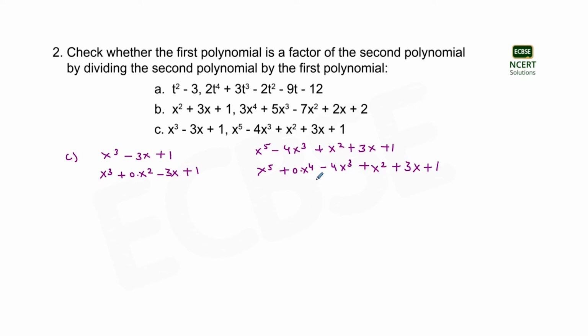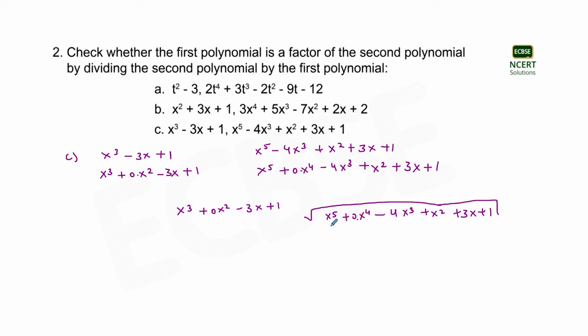Now again performing the long division over the second polynomial and the first polynomial, we will write x cube plus 0x square minus 3x plus 1, and the dividend is x raised to power 5 plus 0 into x raised to power 4 minus 4x cube plus x square plus 3x plus 1.